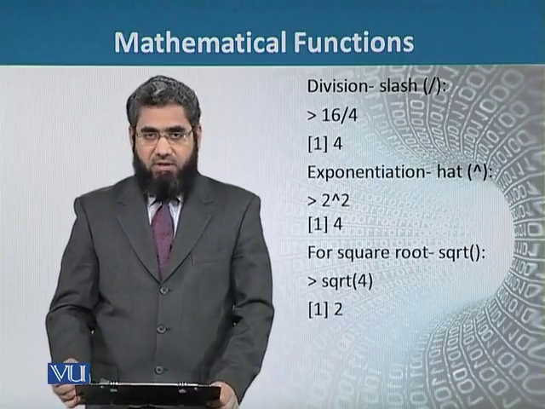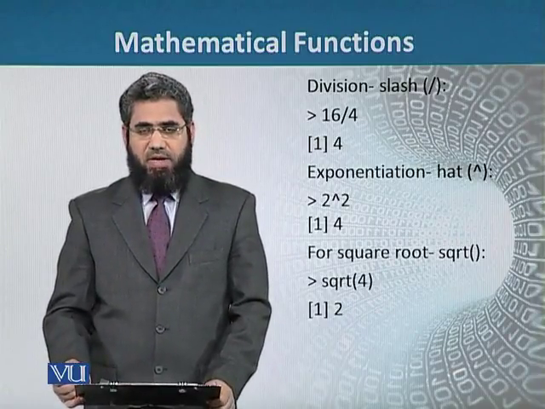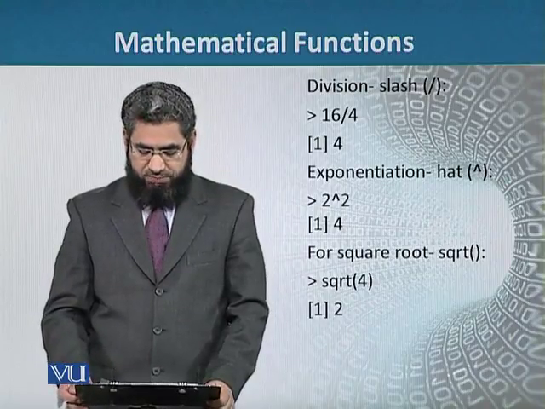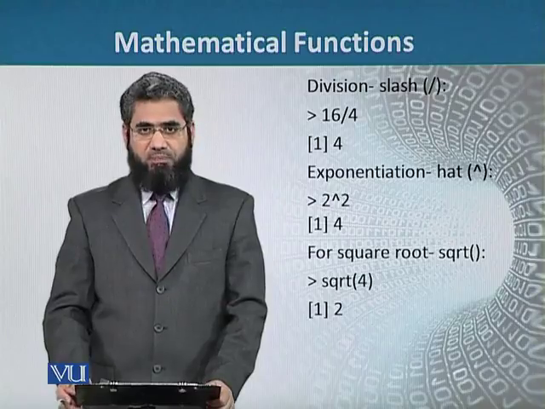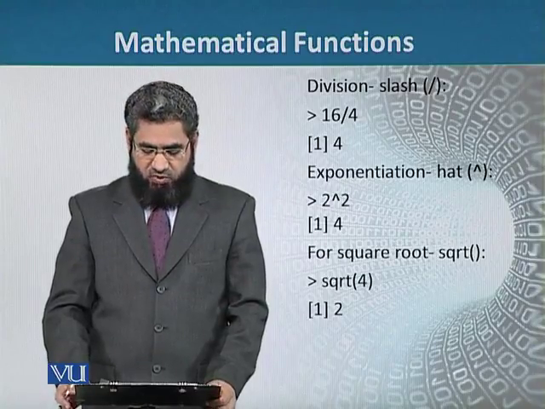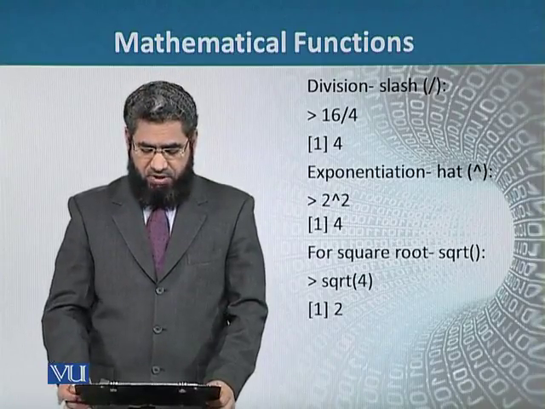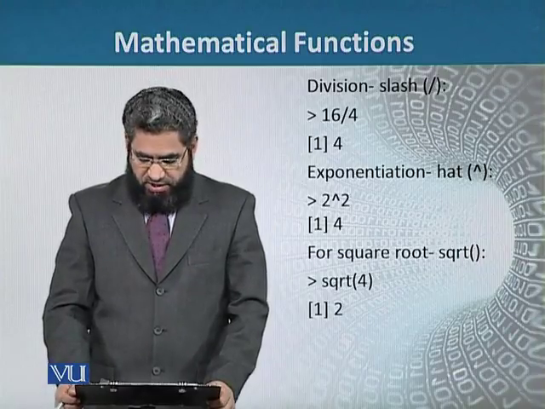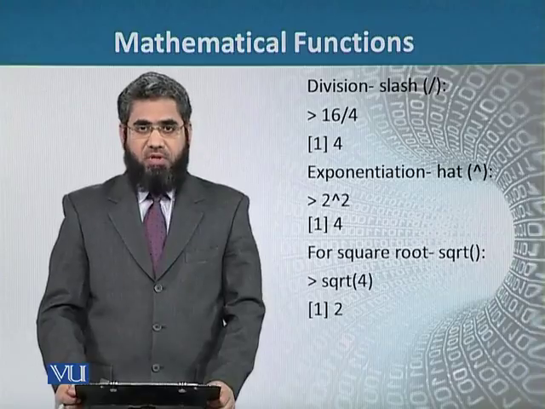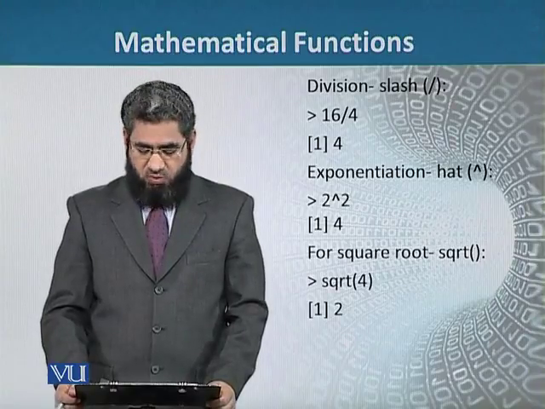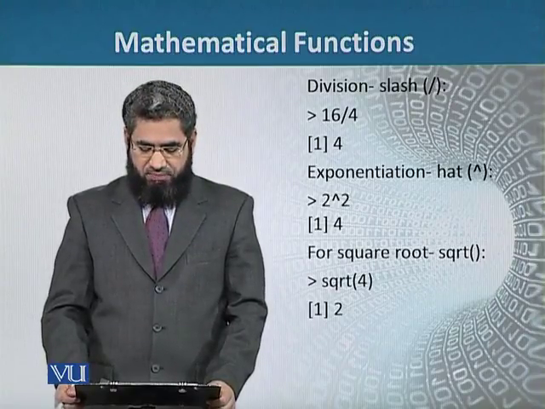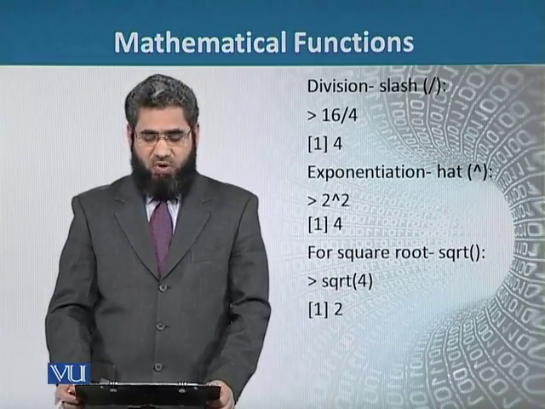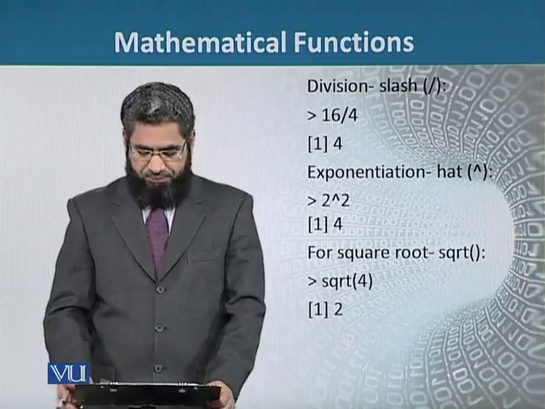Division can also be done by using the operator slash. If we want to divide 16 by 4, or we can use any number, the answer will be 4. In the case of exponentiation, the operator is the hat, and 2 hat 2 means 2 raised to the power 2, and the answer will be 4.